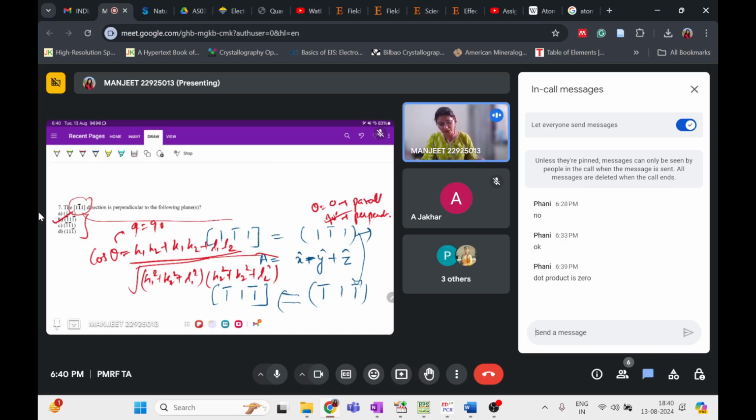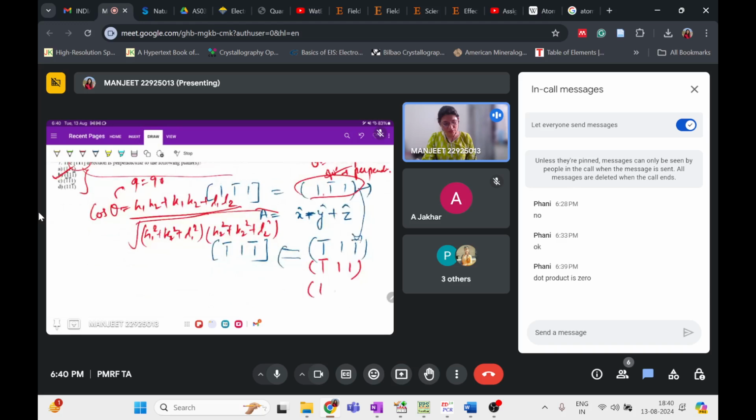Because this plane is also similar to this one, it can also be written as minus 1, 1 and 1, and this is also the same as 1, 1 and minus 1. This is basically the family of planes.